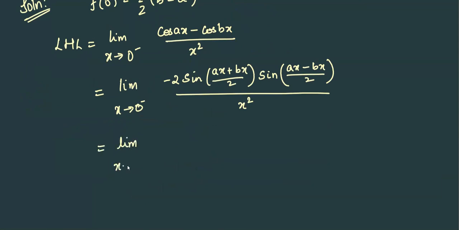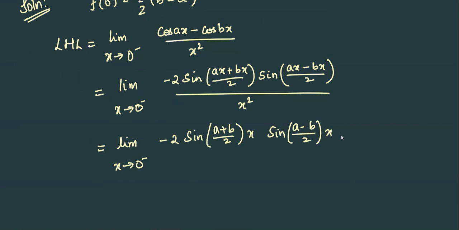So limit x tends to 0 minus of 2 sine of (a plus b by 2) times x, sine of (a minus b by 2) times x, upon x square.